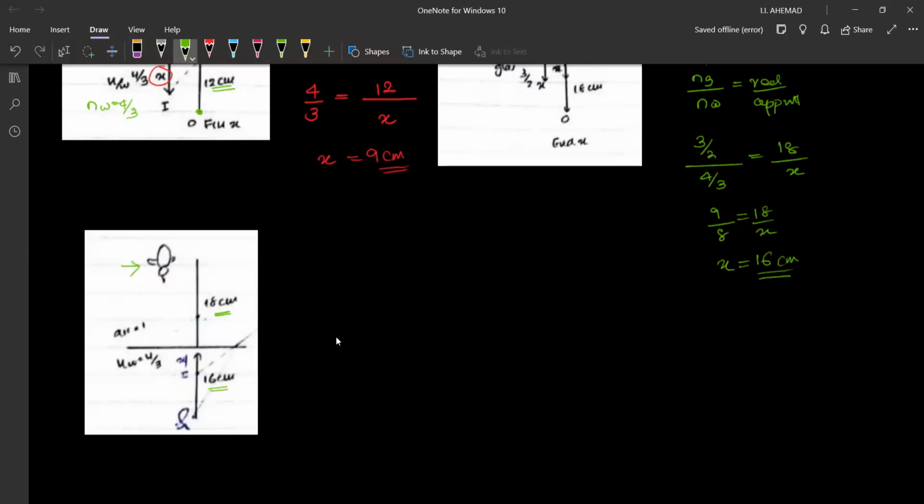The refractive index of air is 1, the refractive index of water is 4 by 3, and the question is the distance. First one, distance to the fish from bird. Second is the distance from bird to fish.